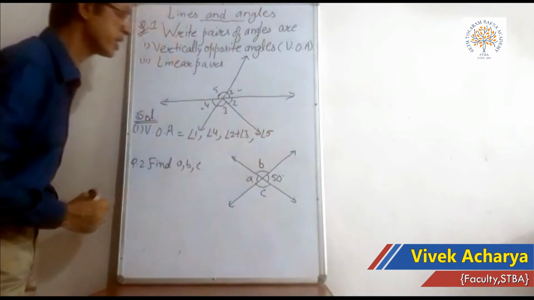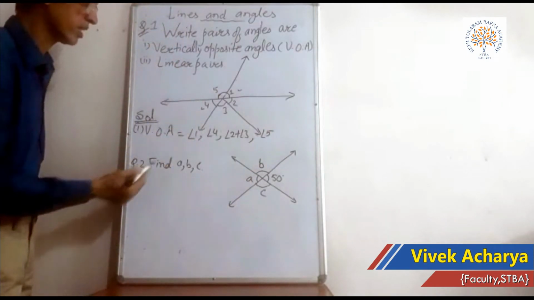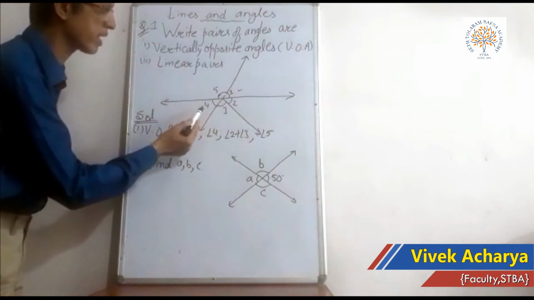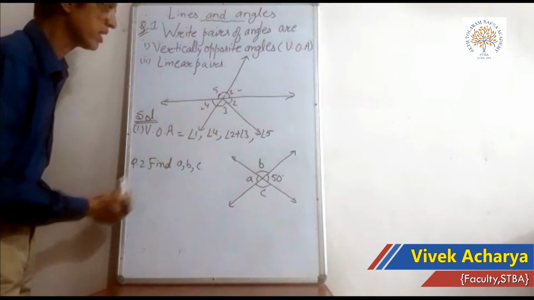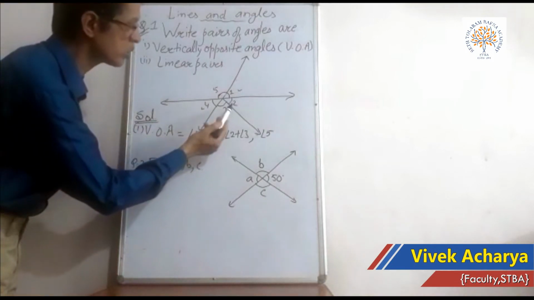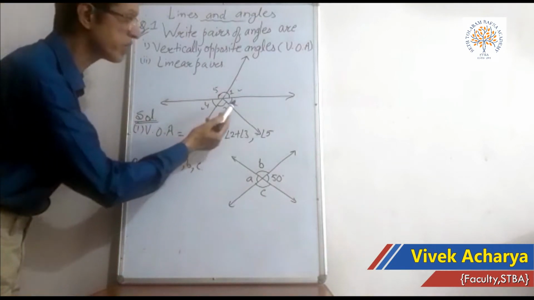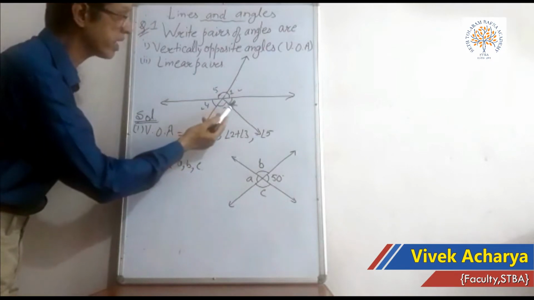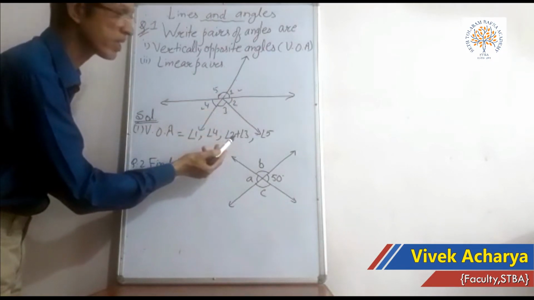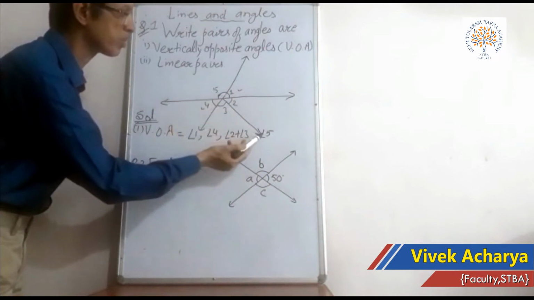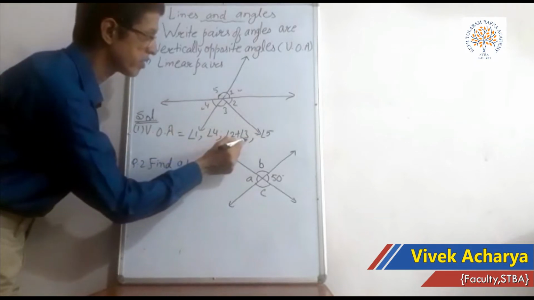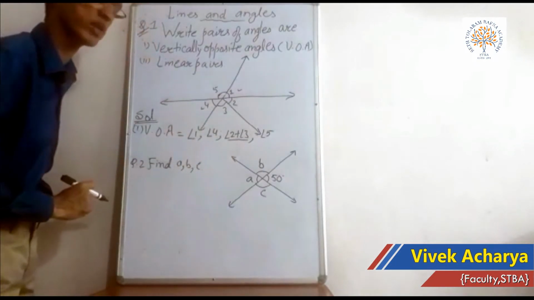So there are two pairs of vertical opposite angles. The first pair is angle 1 and angle 4. The second pair is angle 2 plus angle 3, not numerically 2 plus 3, and angle 5 is vertical opposite to this complete angle.